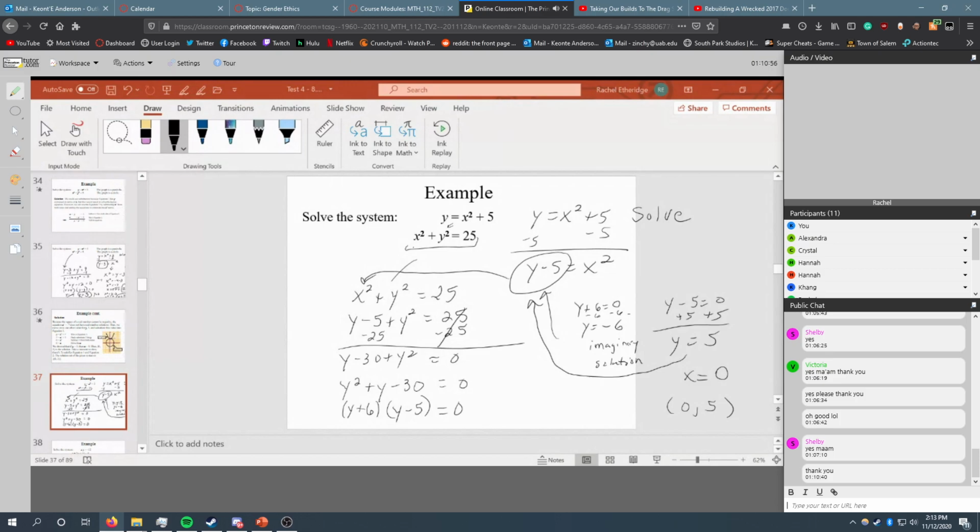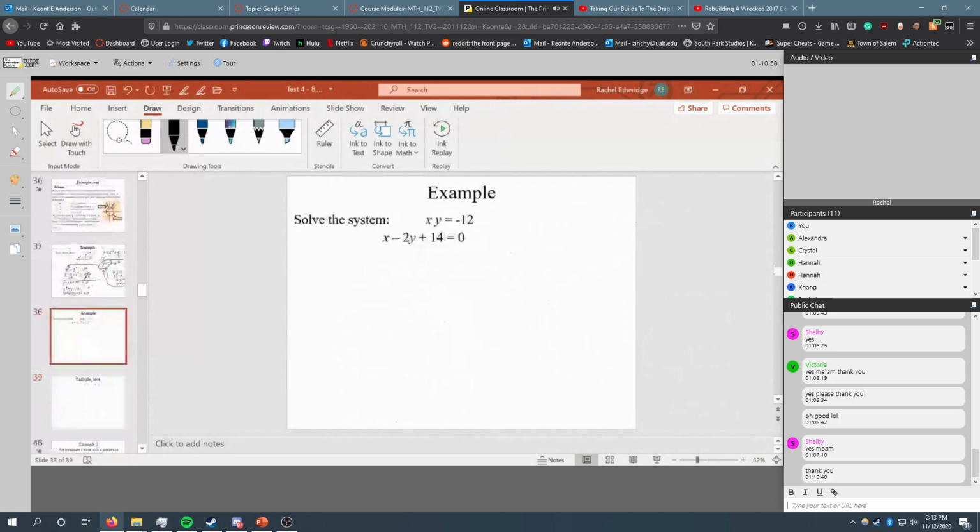All right, so I want to work one more problem here today. This one is xy equals negative 12, and this is x minus 2y plus 14 equals 0. What you can do is solve this equation for x.